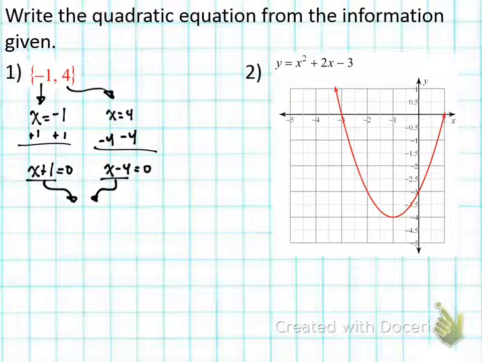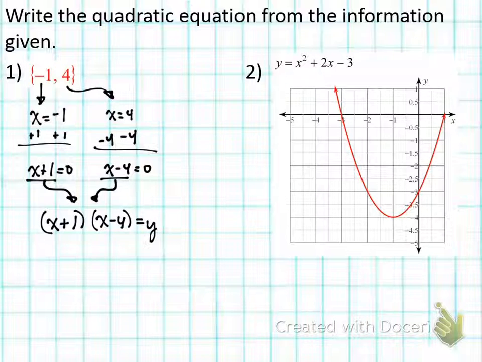So it's like saying x plus 1 times x minus 4 is equal to y. And if I were to multiply this, x times x is x squared, x times -4 is -4x, 1 times x is x, 1 times -4 is -4, which is all equal to y.